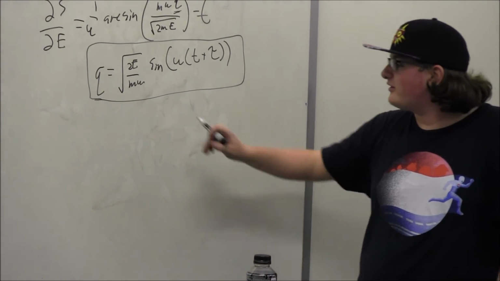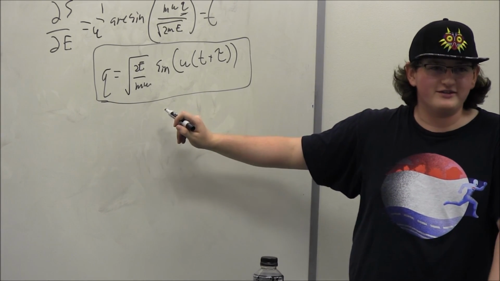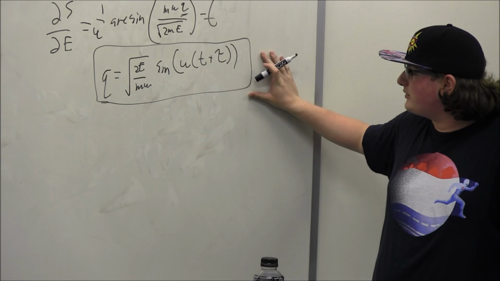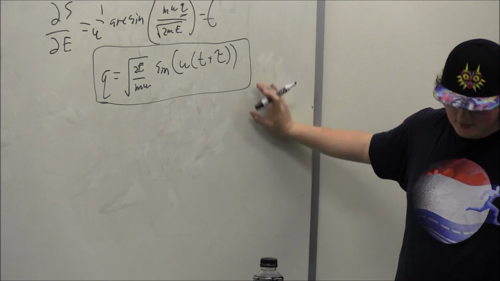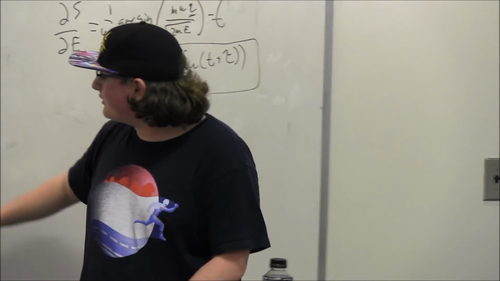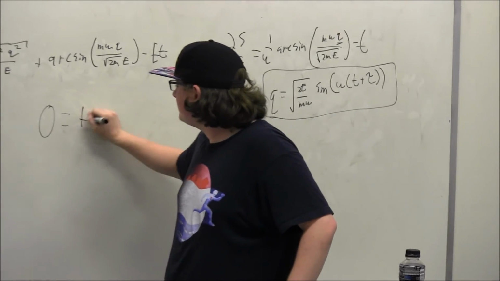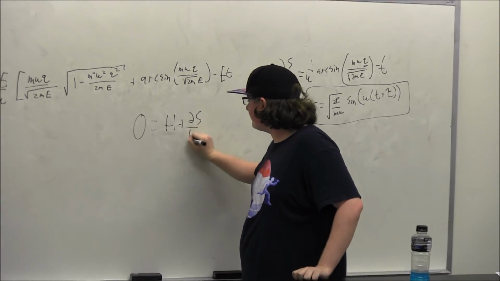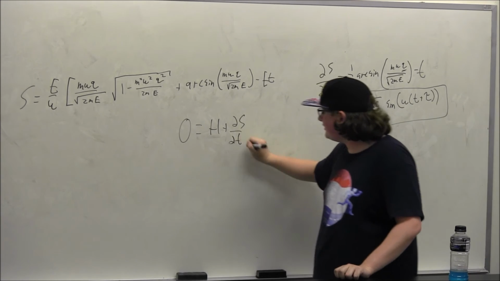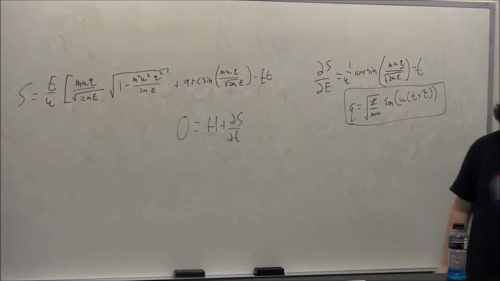This process I went through to solve this is definitely not the fastest. The reason I wanted to show this is because the equation that I had up earlier, 0 is equal to H plus partial S over partial t, that's called the Hamilton-Jacobi Equation.